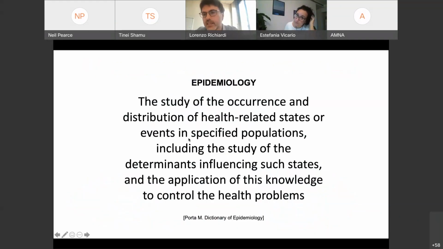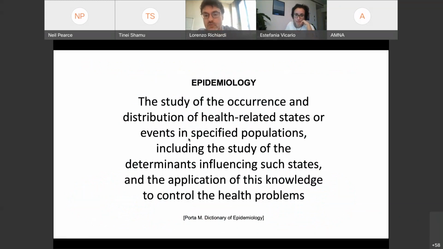This is the classical definition that you have probably encountered many times, and this is taken from the Dictionary of Epidemiology, and basically saying the same things, that epidemiology studies the occurrence and distribution of health-related states in specified populations.